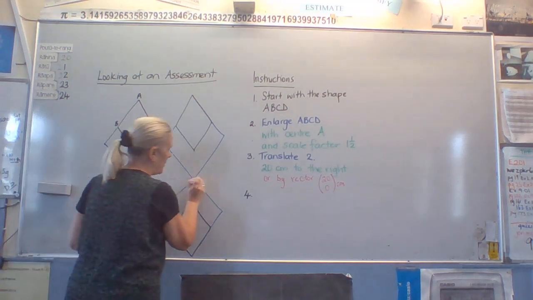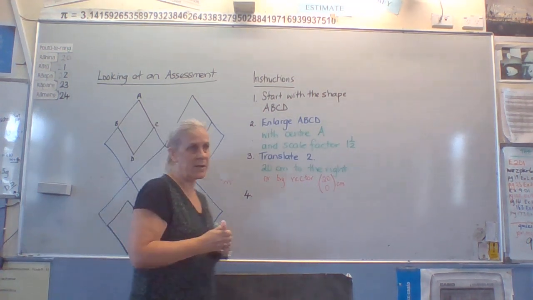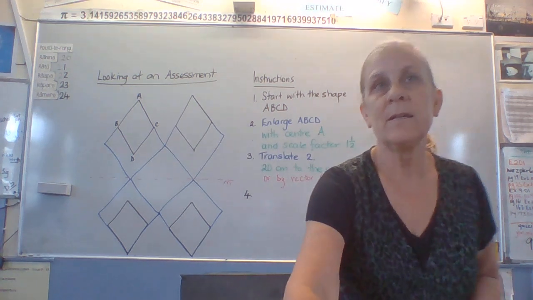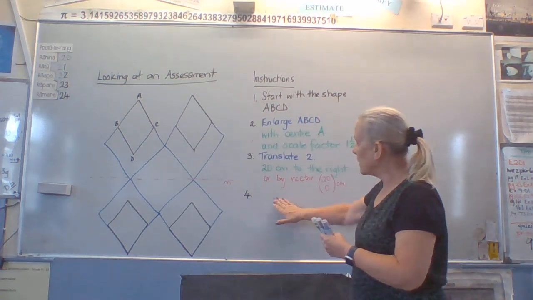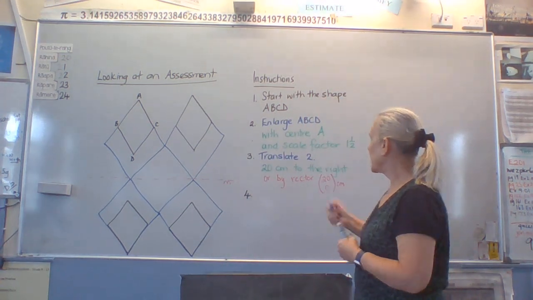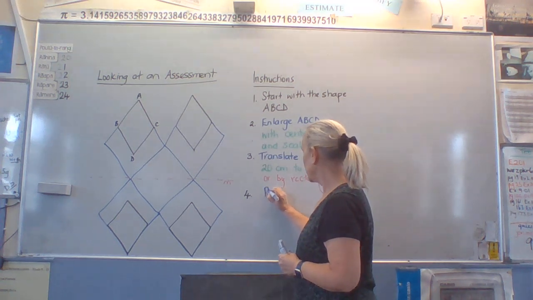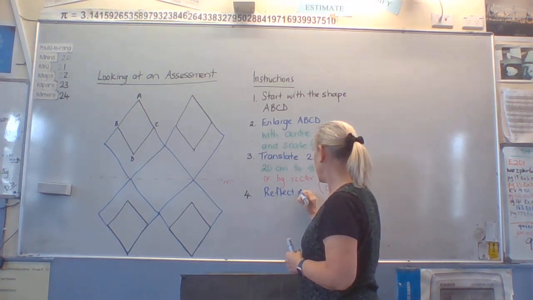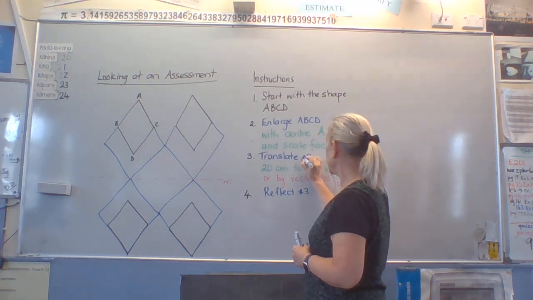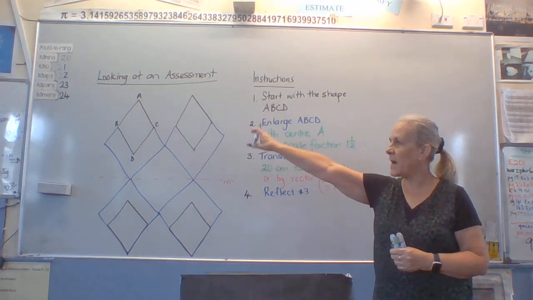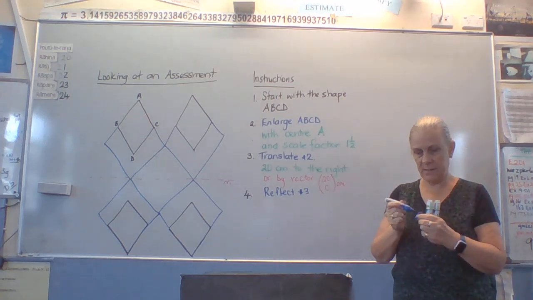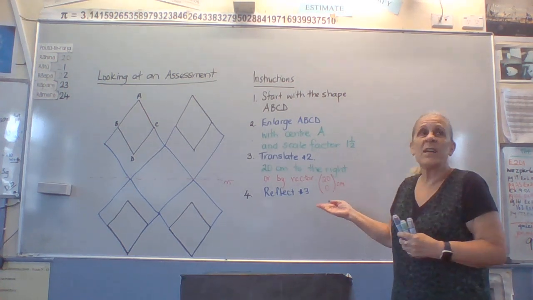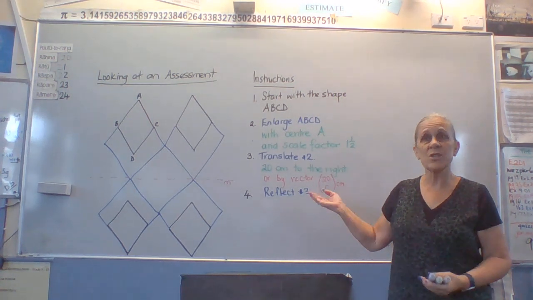I'm going to put it in my picture so that I can talk about it. All right, so I put it in my picture now. I'm going to reflect. Part 3. So I know I'm taking all of that part there and I'm going to reflect it. That's probably okay for achieved or a low achieved.